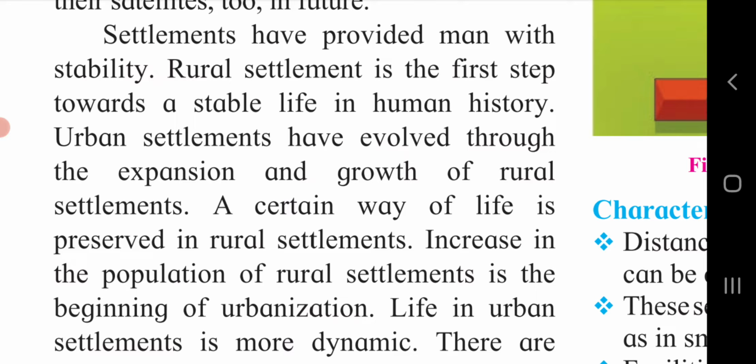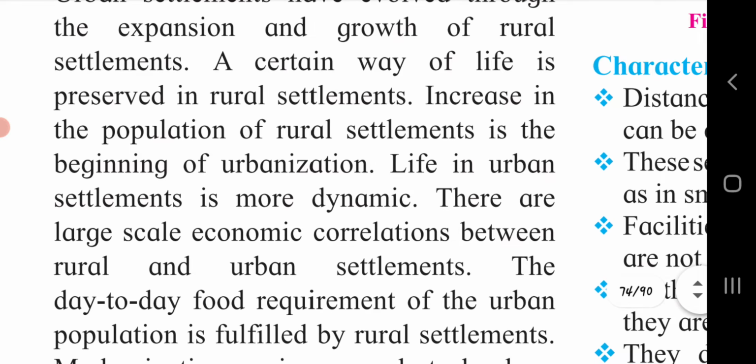As humans, we seek stability there, due to which we can see the rural settlement is the first step towards a stable life in human history. Urbanization, urban settlements, and again they move towards development from rural settlements to urban settlements according to their needs. So according to their need, they move from one place to another.